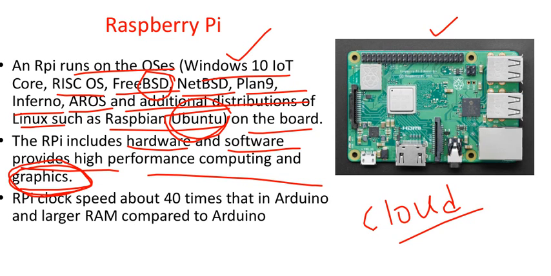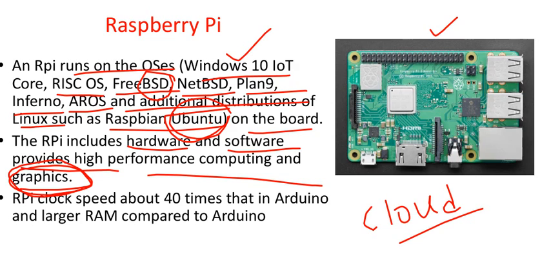As far as the Raspberry Pi is concerned, its cost varies from 2000 rupees to even 10,000 rupees depending upon the different versions that you have, right? And accordingly, when you pay more, definitely you expect more service or more provisions from that particular service provider, right? That's why high performance computing and even graphics are supported in a very comfortable manner in your Raspberry Pi, right?